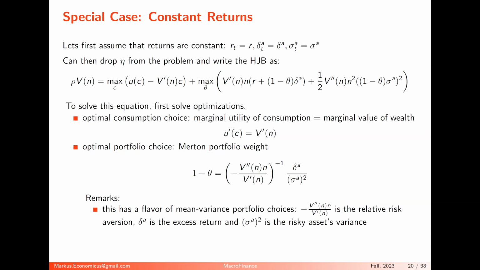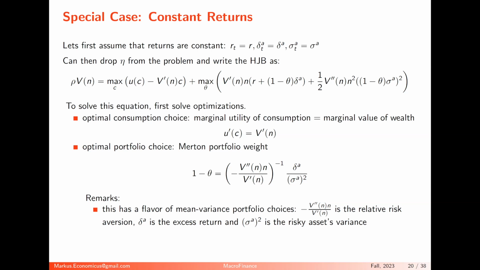So to solve this equation, first let's solve the optimization problems, and it's very similar to what you would do in discrete time too. The optimal consumption choice is where the marginal utility of consumption is equal to the marginal value of net worth. If I give you one net worth unit in consumption numeraire, how much do you get marginally on the value out of it? It has to be the marginal value of consumption.